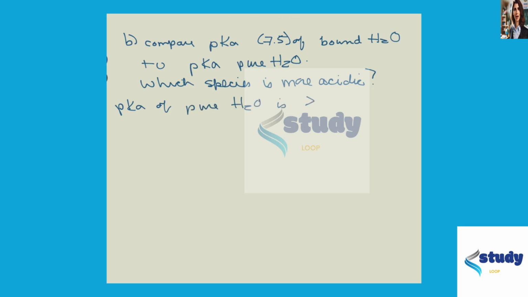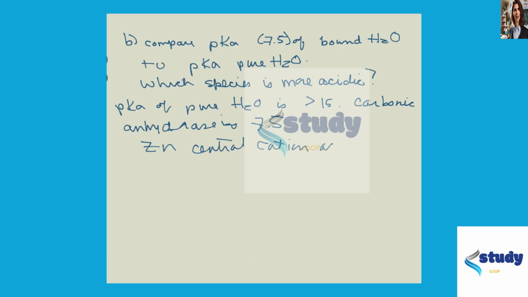The pKa of pure water is greater than 15, and our carbonic anhydrase is 7.5. So the zinc central cation acts as a Lewis acid.